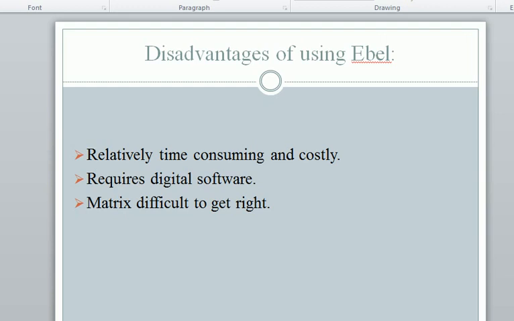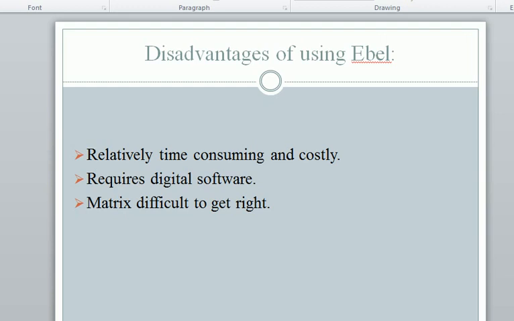The next disadvantage is that this method of standard setting requires digital software. It is difficult to decide about each item on the two criteria, so this method requires digital software. The third disadvantage is that the matrix is difficult to get right.